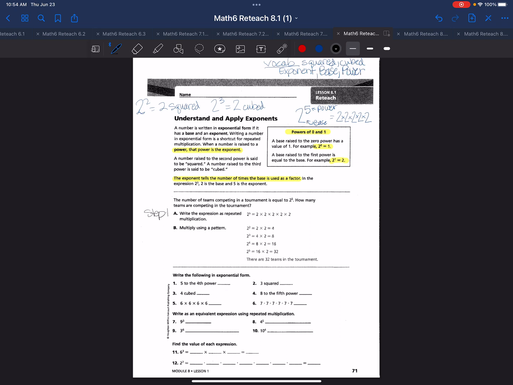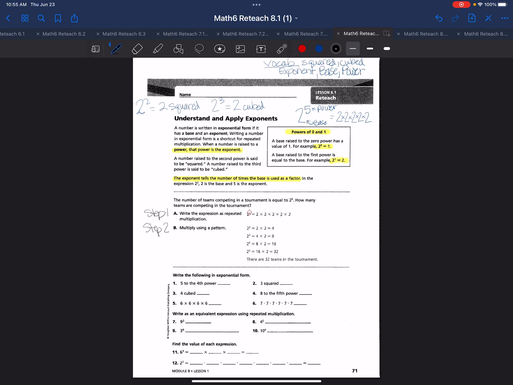So 2 to the 5th power, the exponent is telling you the number of times the base is used as a factor, and we do that as repeated multiplication. So that's 2 times 2 times 2 times 2 times 2. That's 5 times, because our exponent, the 5, tells you how many times you're going to be multiplying the base.